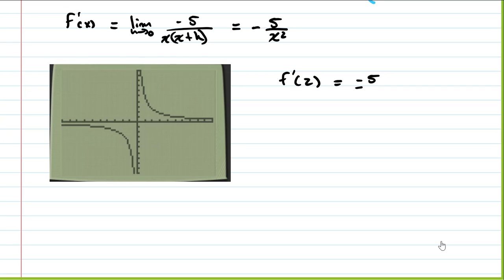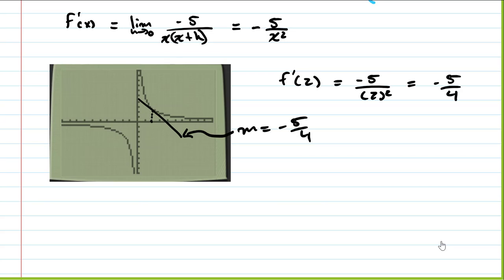Well, that's negative 5 over 2 squared, so that's negative 5 over 4. So if I go look at my graph at x equals 2, that's right here. What is this telling me? Well, what's my slope? If I were to try to just draw it, I would guess it would look something like that. And it tells me my exact slope at that point is negative 5 over 4.